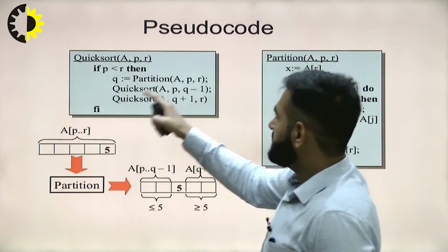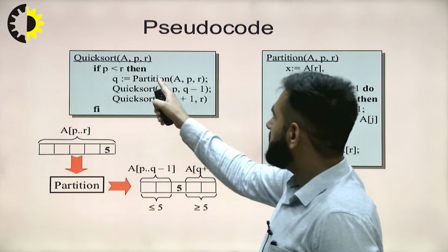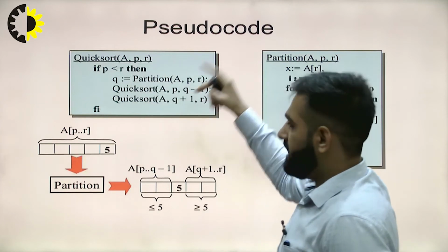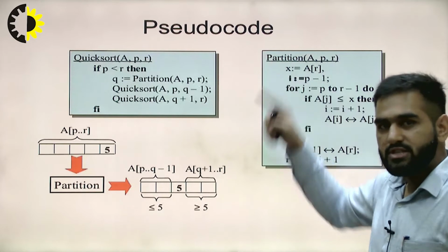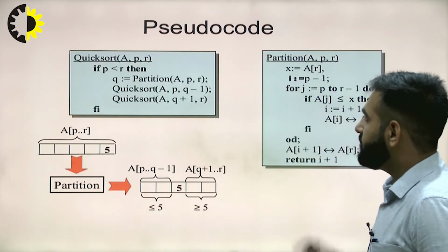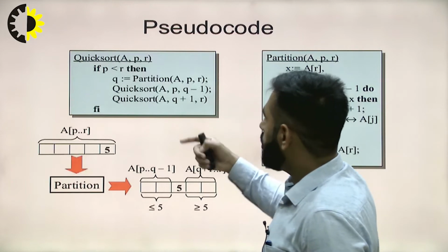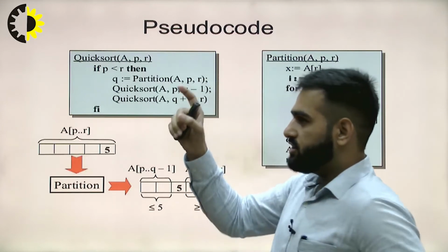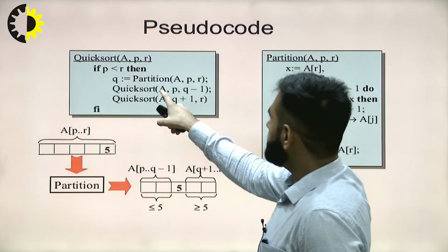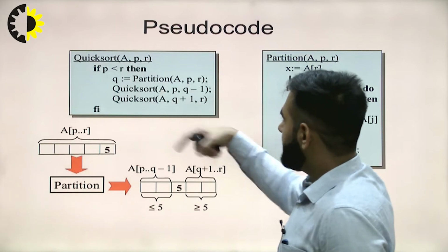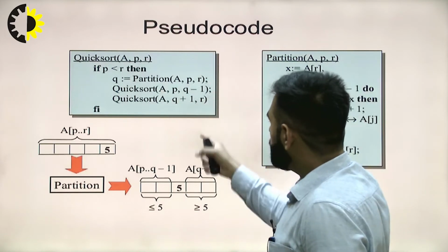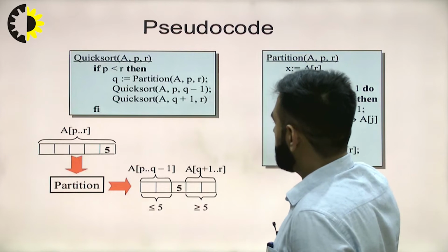Then q equals partitioning(A, p, r). A is the array, p is the first element, r is the last element, which is our pivot also. Now, we will recursively call quicksort on two subarrays. The first part is A[p..q-1], and the second part is A[q+1..r].